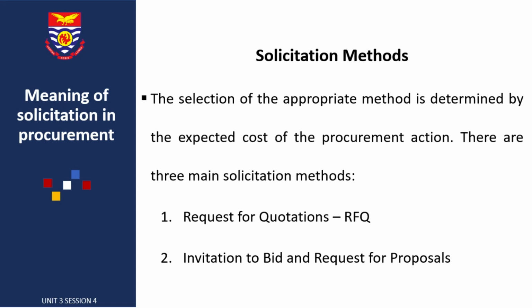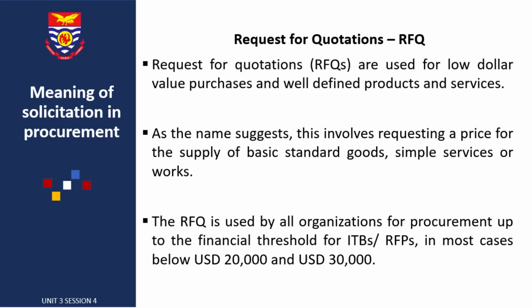The first one is the request for quotation, or the RFQ, and then the second one is the invitation to bid and request for proposal. Request for quotation is mostly used in lower dollar value or low value purchases and well-defined products and services.